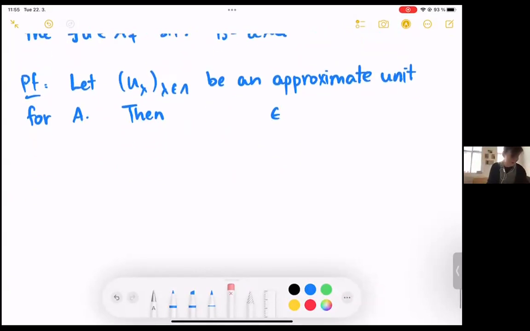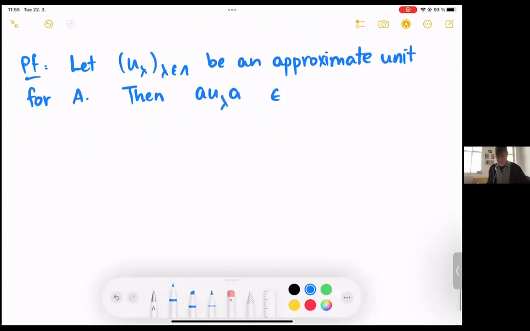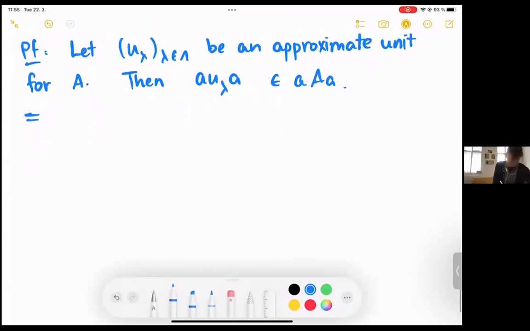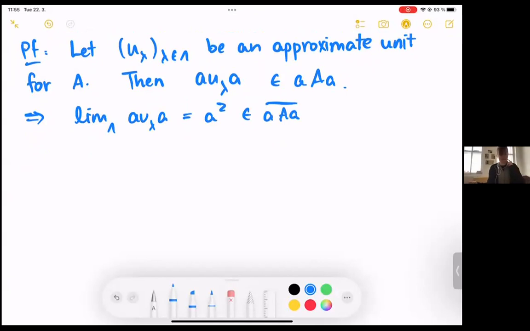So, all right, this should be that A u lambda A is in there. In fact, it's not even in the closure, it's just in there. So then when we take the limit, we get that A squared is in the closure.